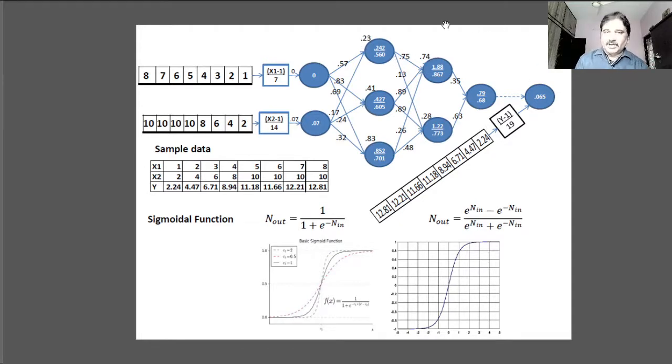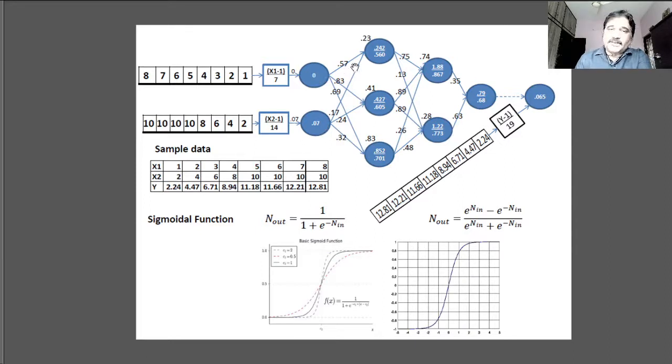Now, having been introduced to the structure of this network, what kind of processing goes on? Let us look into that. First, you have understood that the value which is mapped between 0 to 1 enters into this neuron and this neuron as well. Now, what is done?